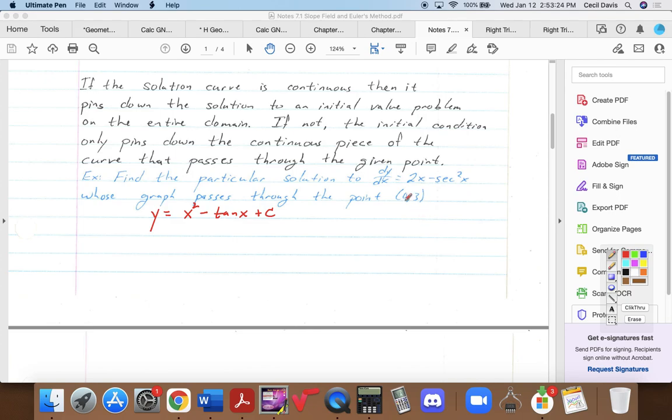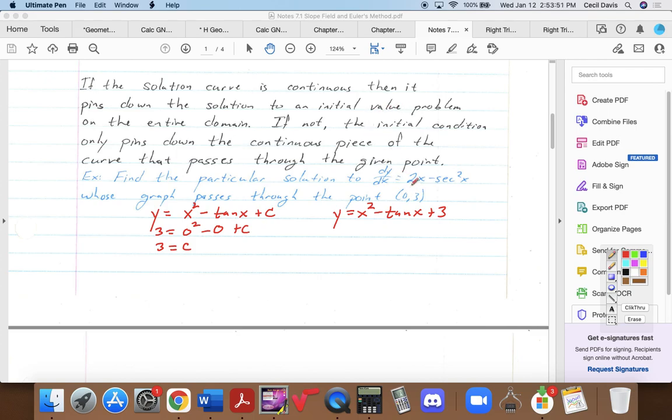We'll do that in just a second, but first let's solve for c. So 3 is equal to 0 squared minus the tangent of 0, which is 0 plus c. So c is equal to 3. So y is x squared minus the tangent of x plus 3.